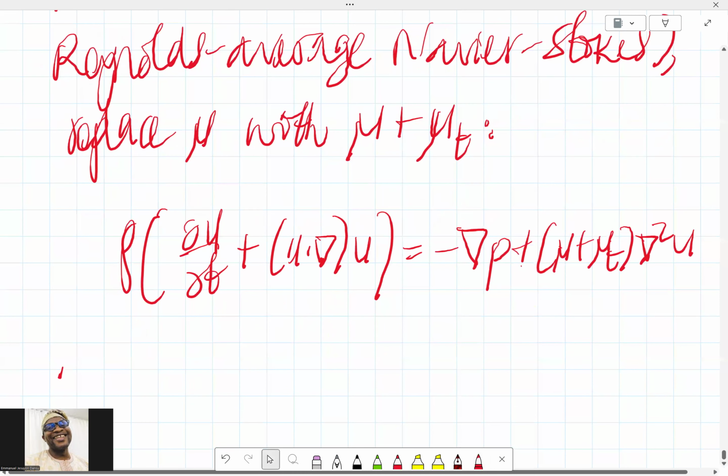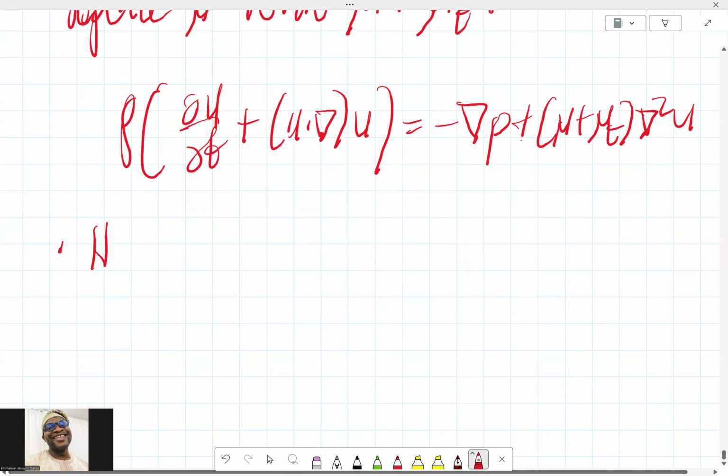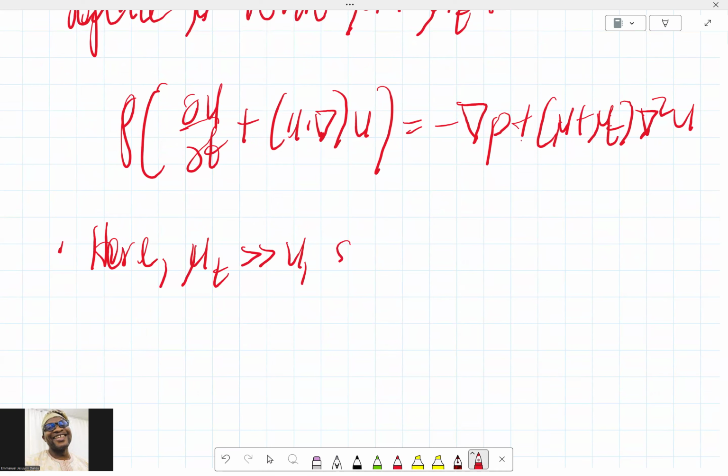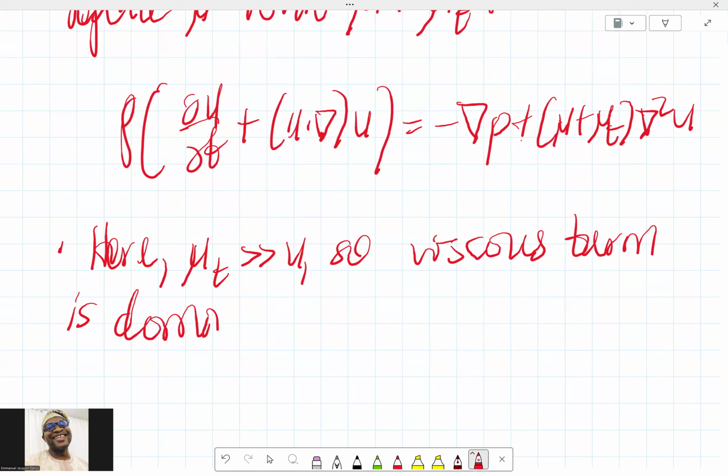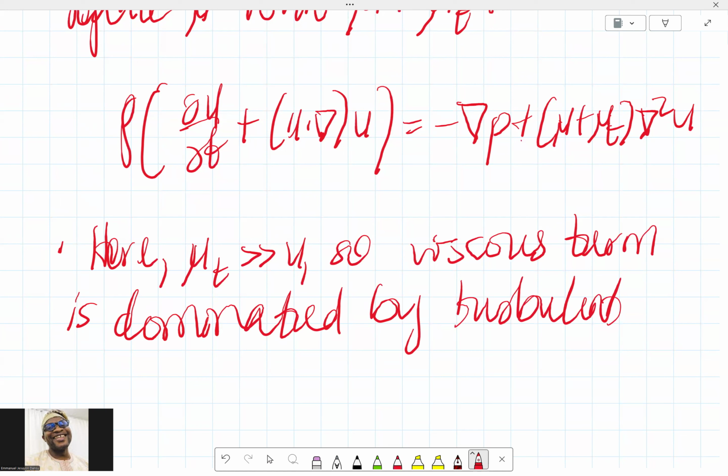Since mu sub t is far greater than mu, the viscous term is dominated by turbulent mixing.